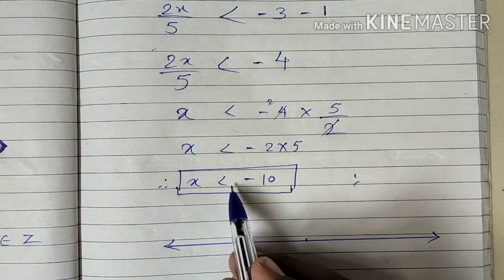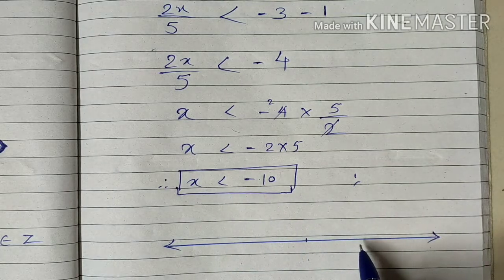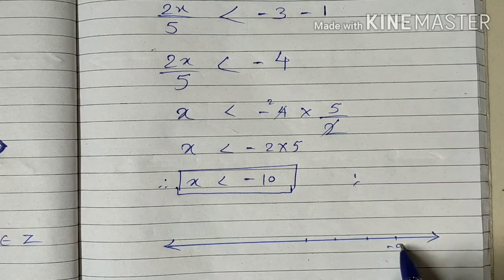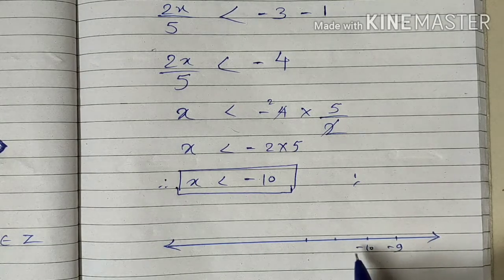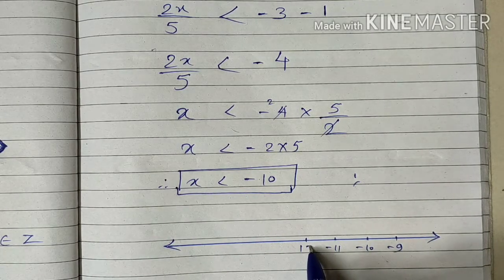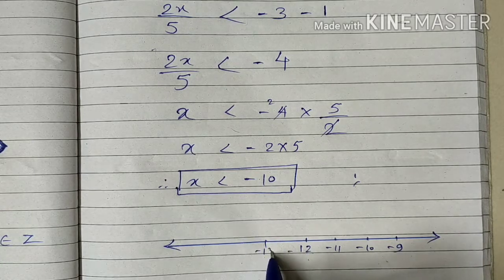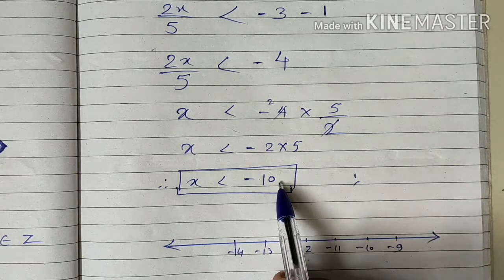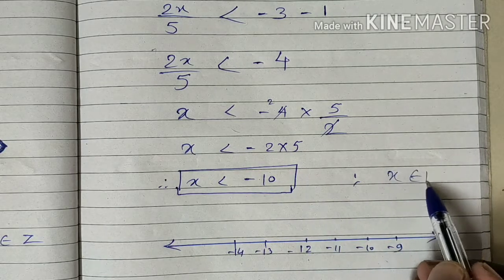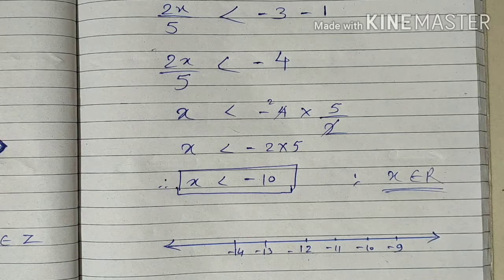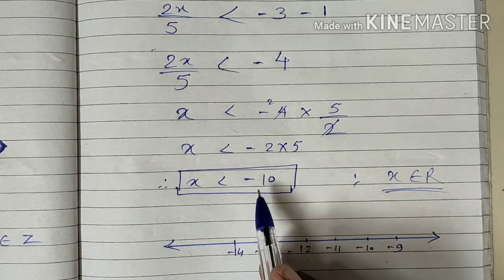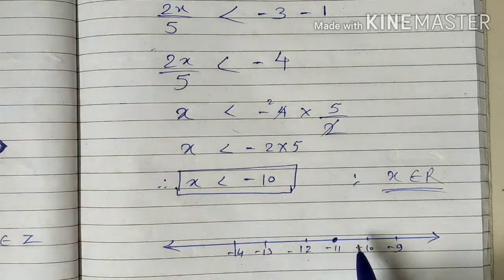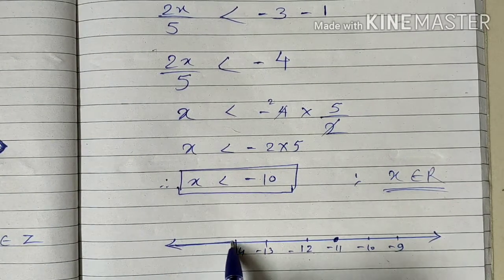Since the value of x is less than minus 10, we will start with less than minus 10, means minus 9, minus 10, minus 11, minus 12, minus 13, minus 14, and so on. The value of x is less than minus 10, and in the question it is given that x belongs to the real numbers. Therefore, if it is less than minus 10, we have to take all the numbers on the left side of the number line.